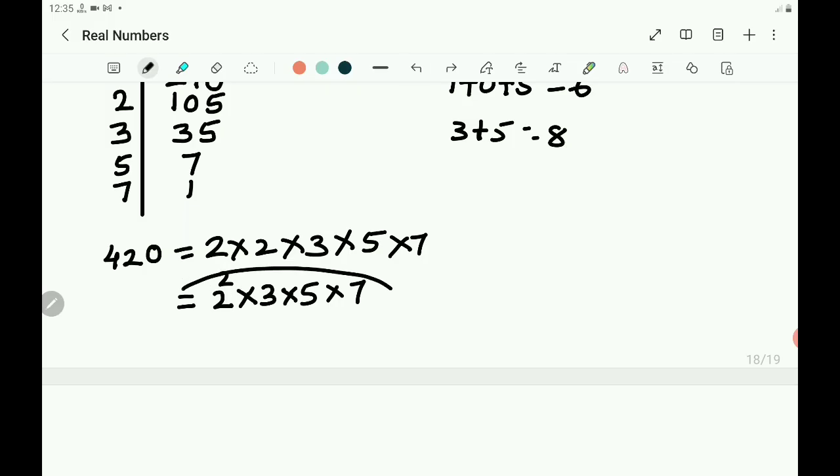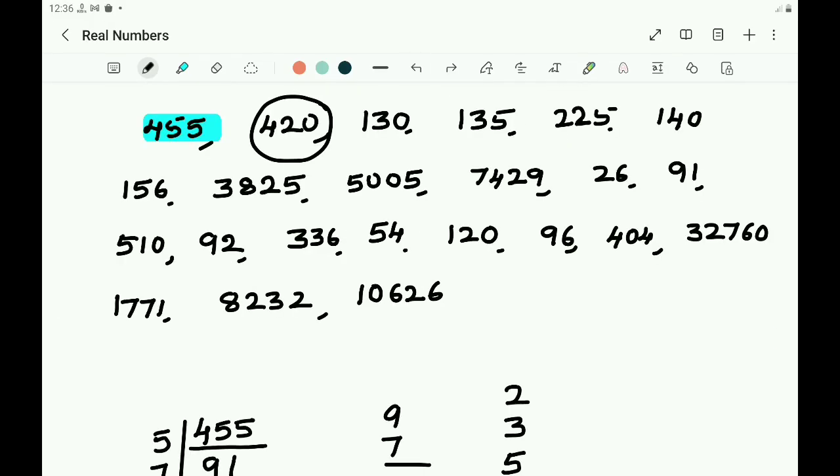So this is the prime factorization of 420. 420 is equal to 2 power 2 into 3 into 5 into 7.